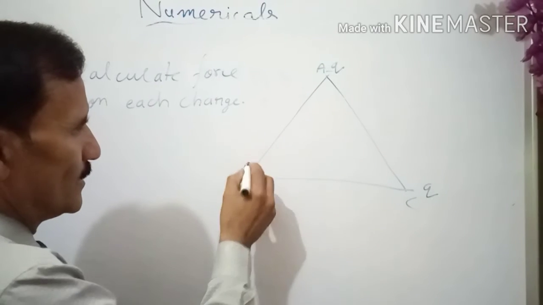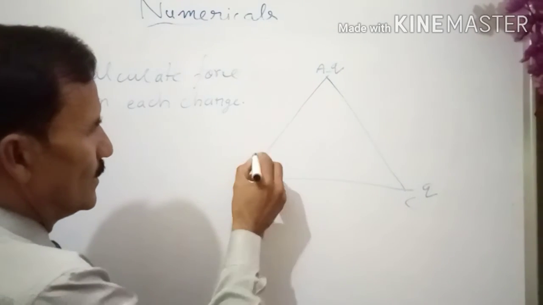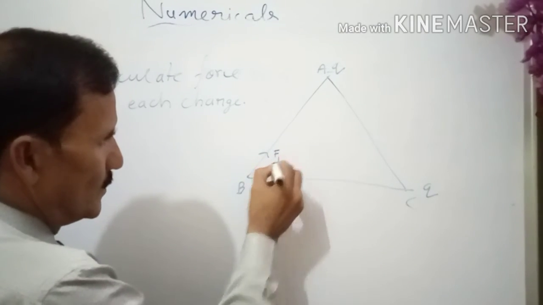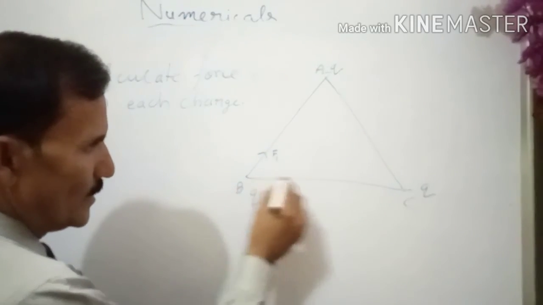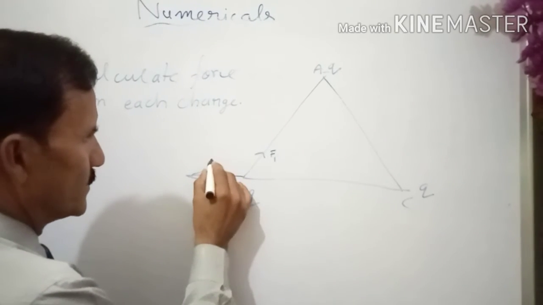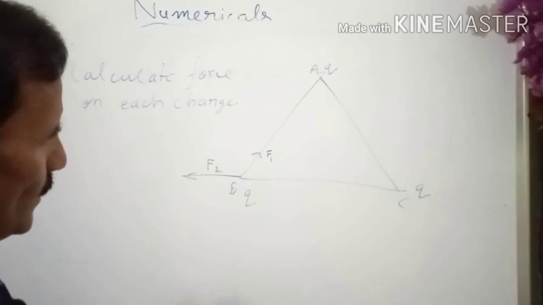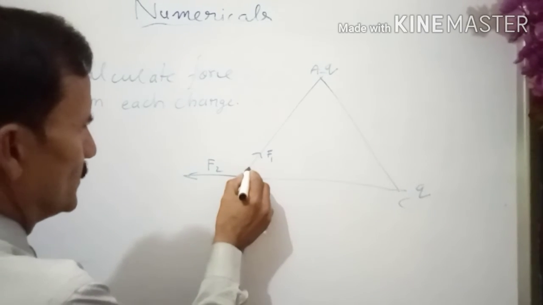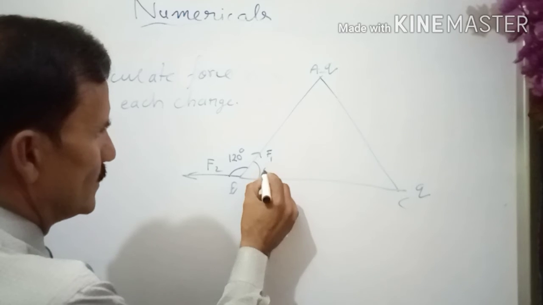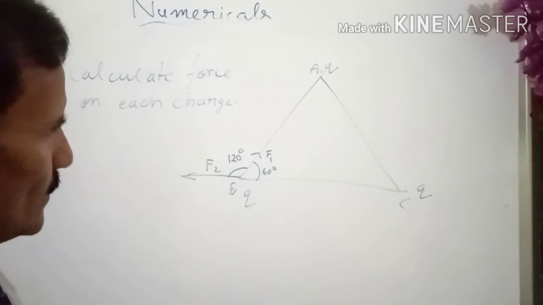Suppose this is minus and plus here, so there is force of attraction, this F1 in this side, both are positive, so it is repulsion F2, and so resultant of them is required. This angle will be 120. Why? Because it is 60, equilateral triangle.